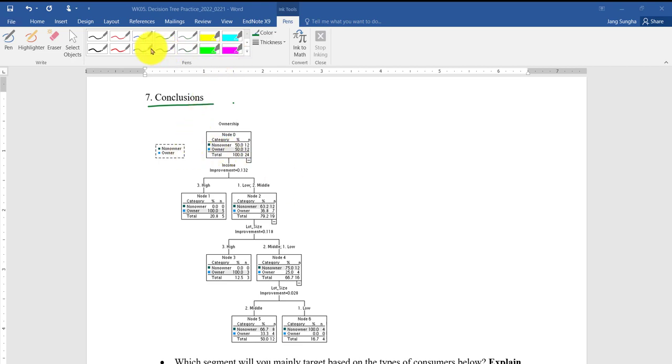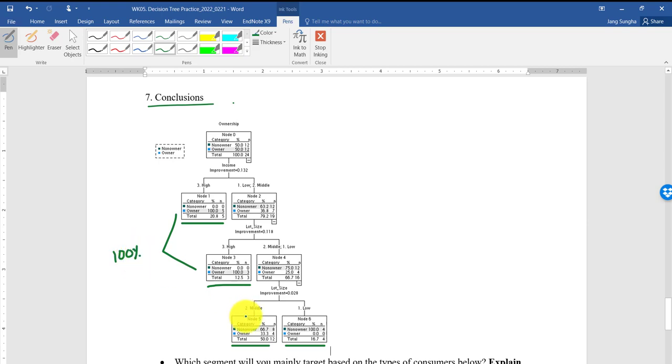If you recall, we have 4 terminal nodes: node 1, node 3, node 5, and node 6. According to our analysis, in node 1 and 3, owners are 100%.